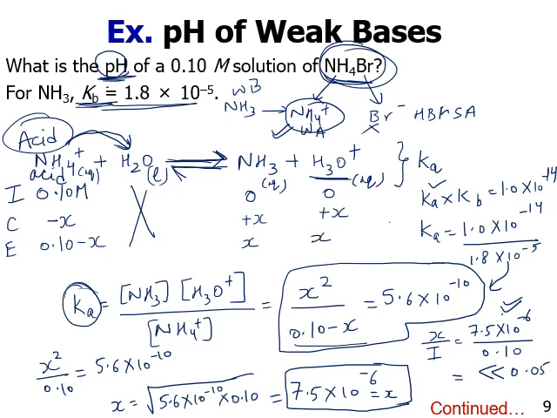The question is not asking what is x, question is asking what is pH. What is x? X is H ion concentration. So my H ion concentration is this, which means what is my pH?